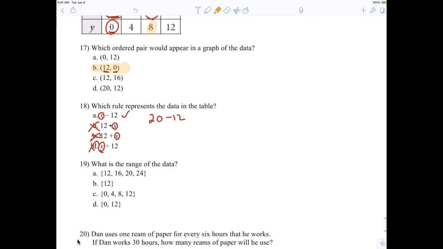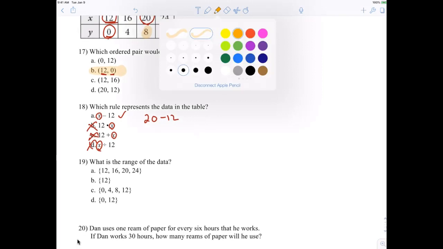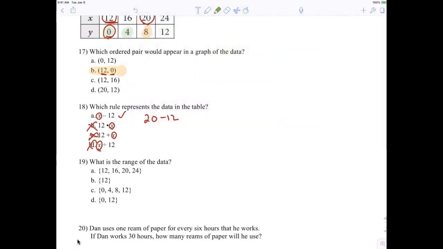Everybody agree with me? Anytime someone asks you for the range when you're dealing with graphing, you look at the y values. And the y values are 0, 4, 8, and 12. So the correct answer had to be C. Everybody good with that? That was kind of easy.